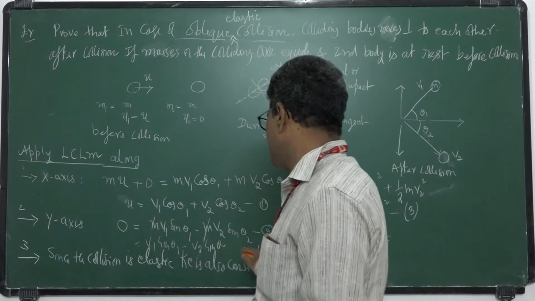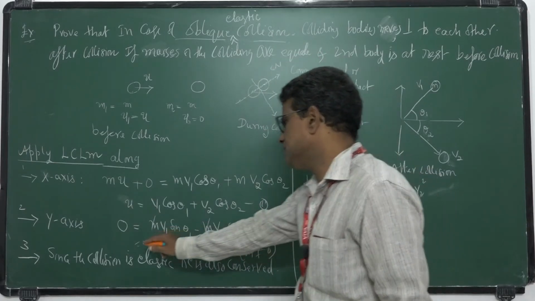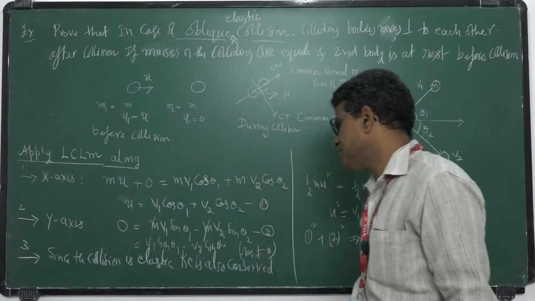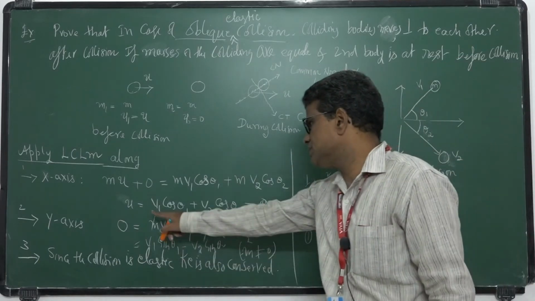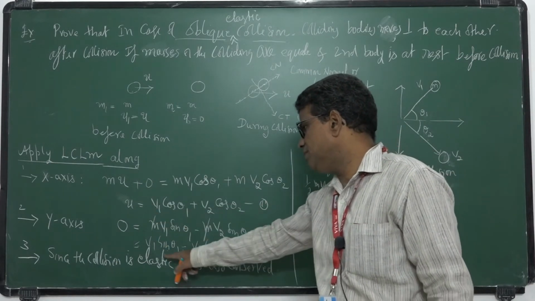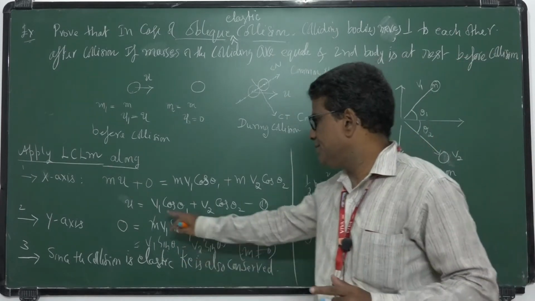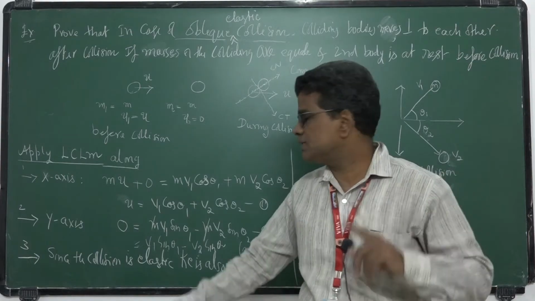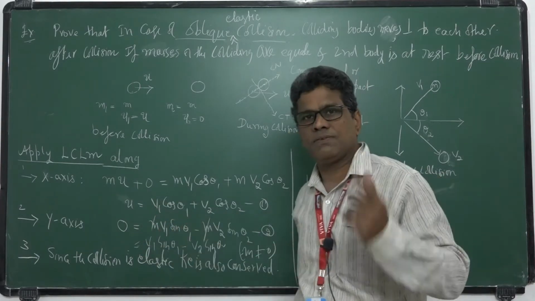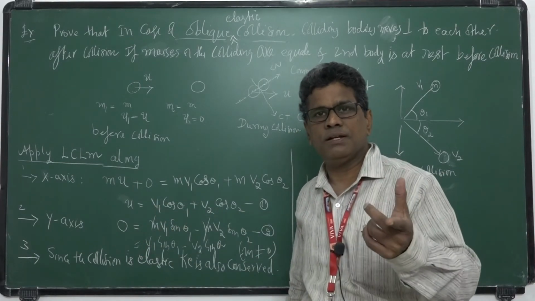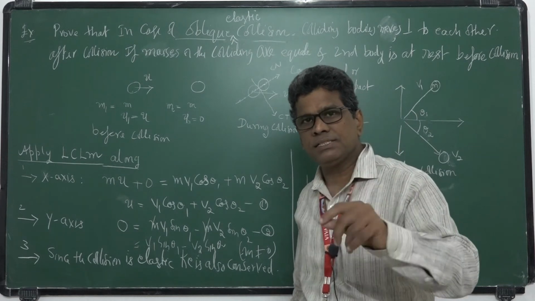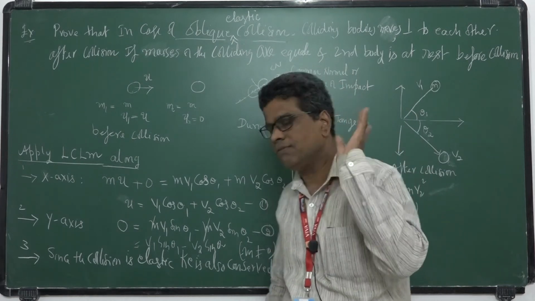Squaring on both sides and adding, you get v1 square sin square theta 1 plus v1 square cos square theta 1. Take v1 square common, and sin square theta plus cos square theta is 1.